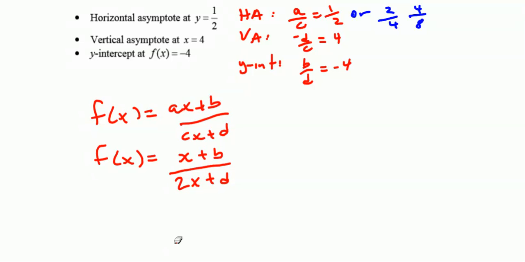Now we've got to put in either the vertical asymptote or the y-intercept. So we can start with the vertical asymptote.